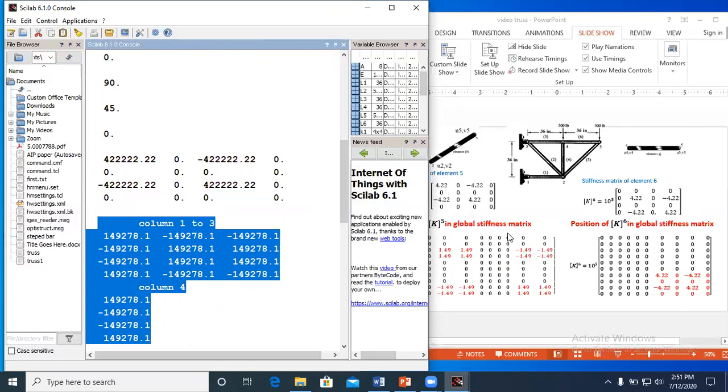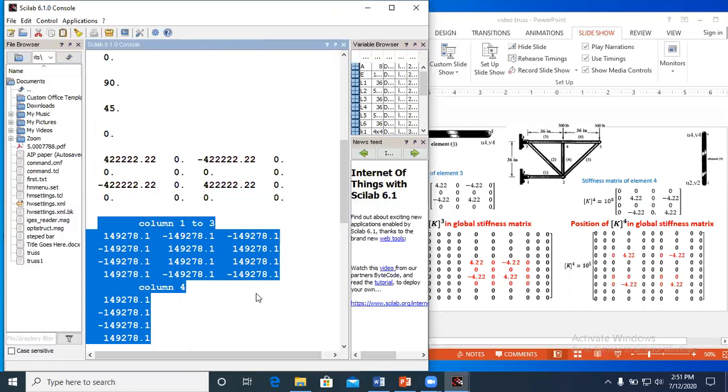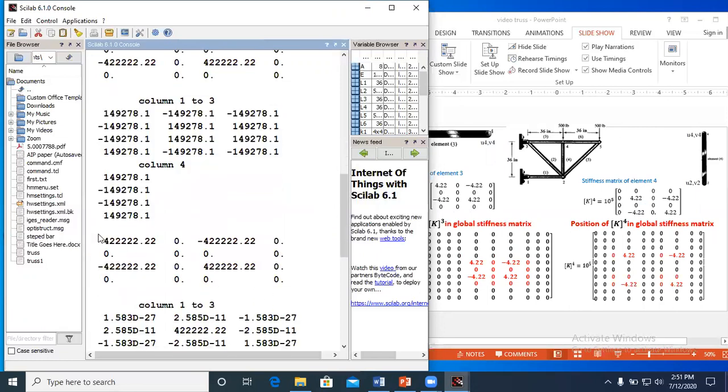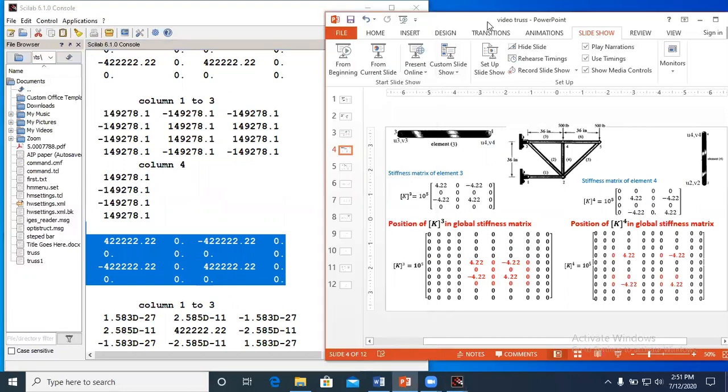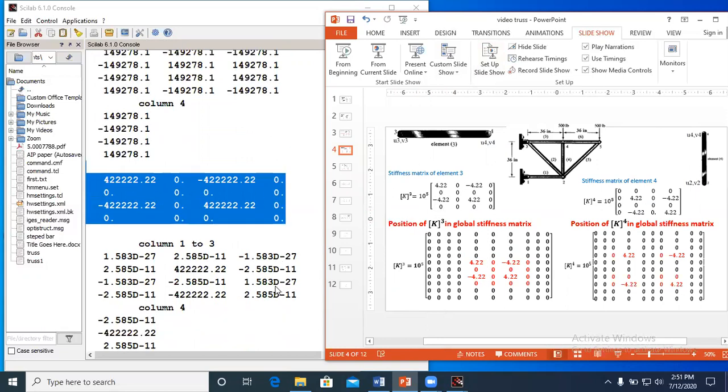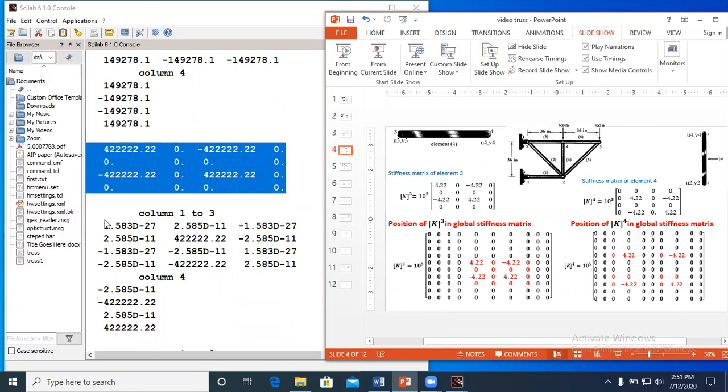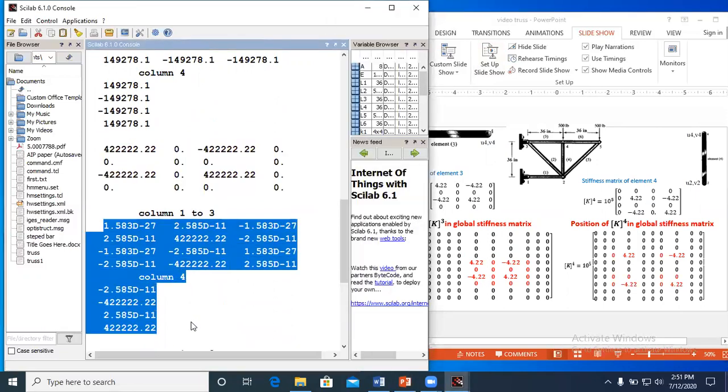Now next is the stiffness matrix of element number 3. You can see here element number 3. This is 10 raised to 5 into 4.22, 0, minus 4.22. Next, this is the stiffness matrix of element number 4. Element number 4, first row is 0. Here also 10 raised to minus 27 means it is 0. This is 10 raised to minus 11, 10 raised to minus 27.